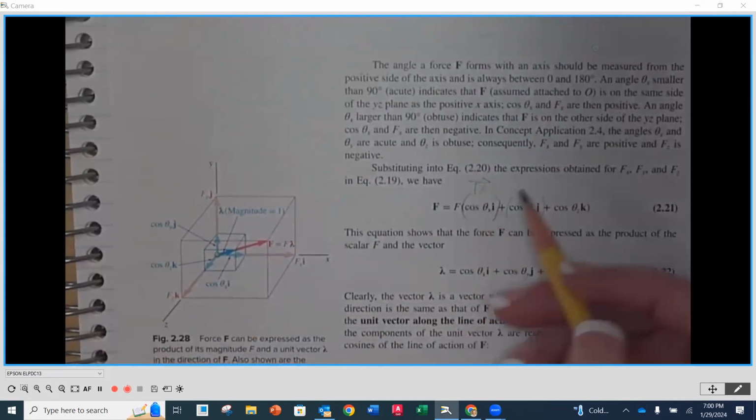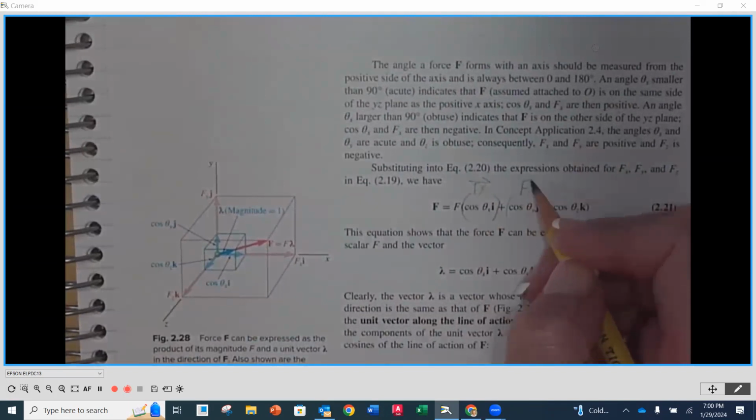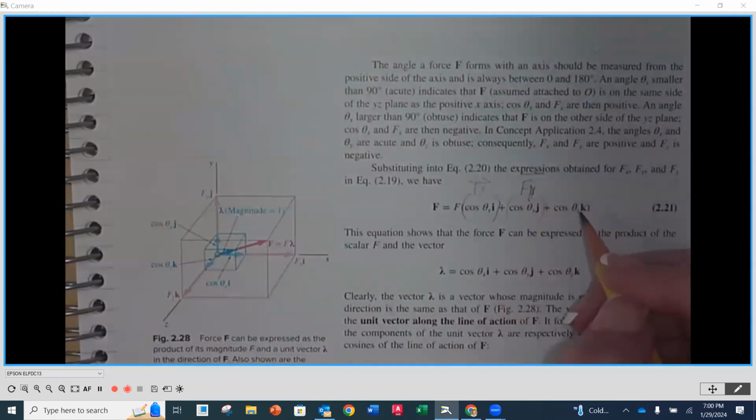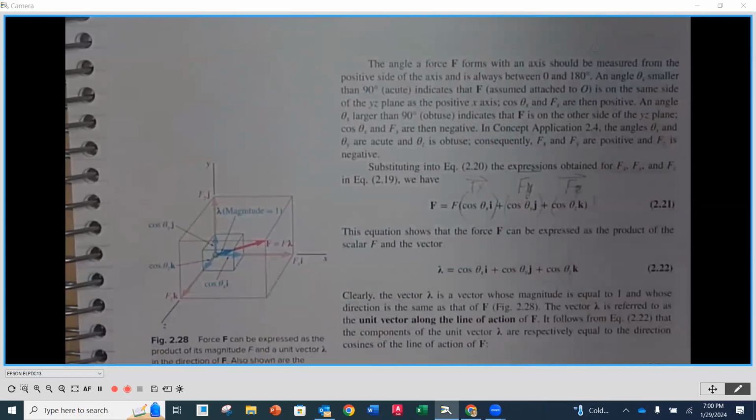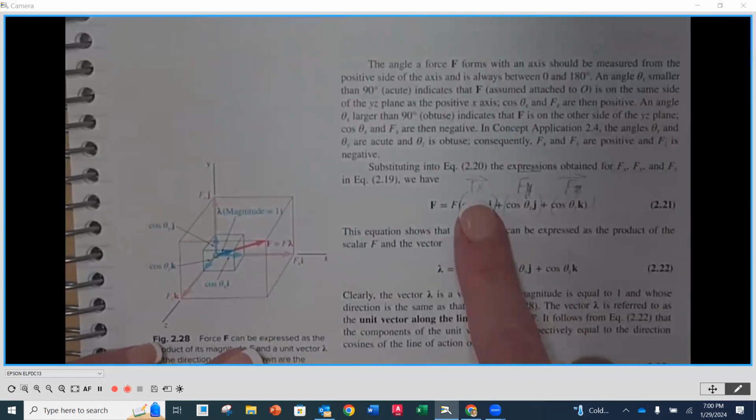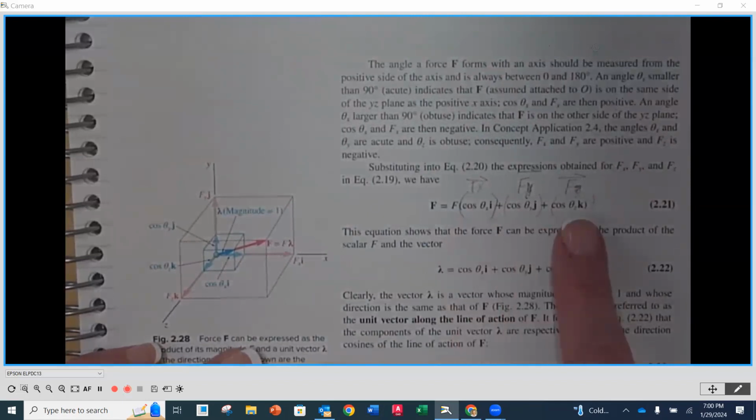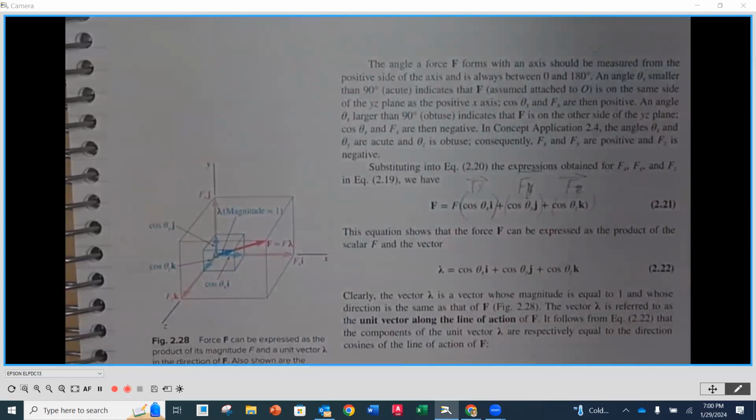So this is the vector of the Fx. This is the vector of the Fy. And then this one is going to be the vector of the Fz. And what they did was they expanded out the x, y, and the z into their cosine equivalents with their angles. And the only thing, again, that i, j, and k do is to just say, these are vectors. So instead of putting the symbol up on the top, it's taking that force times each one of those components.